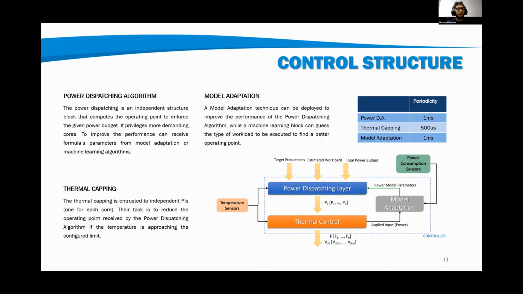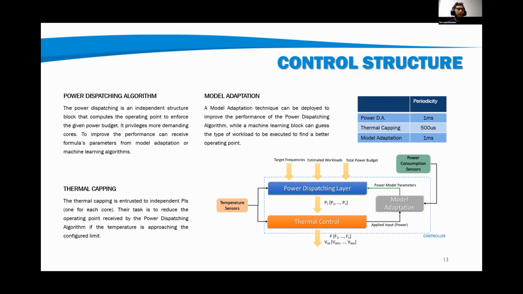And then the thermal control block contains one PI for each component, and the inputs of the PI are the thermal limit of the silicon technology minus some margin and the temperature sensor of the component, so we can achieve a good and smooth control.